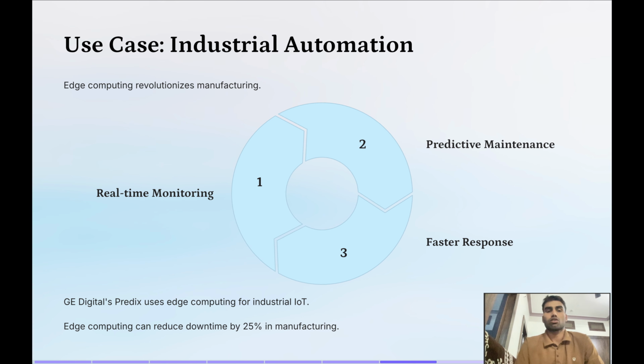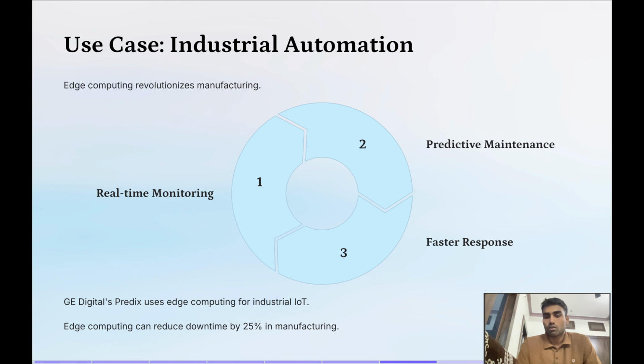Now, how does industrial automation work? First is real-time monitoring: we monitor all the machines using cameras and sensors, such as temperature and vibration sensors. The second point is predictive maintenance. We will predict the failure of the machine beforehand by running AI and machine learning algorithms, and then we will predict the maintenance.